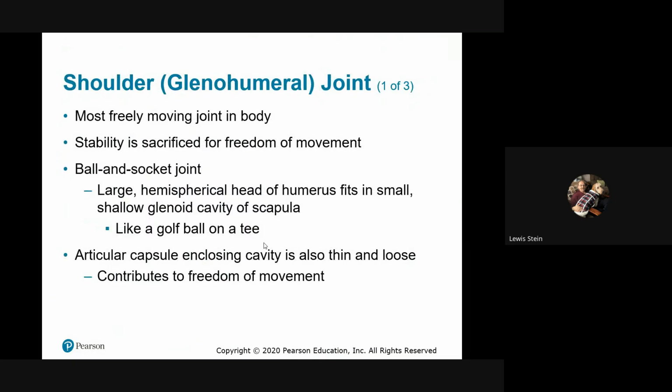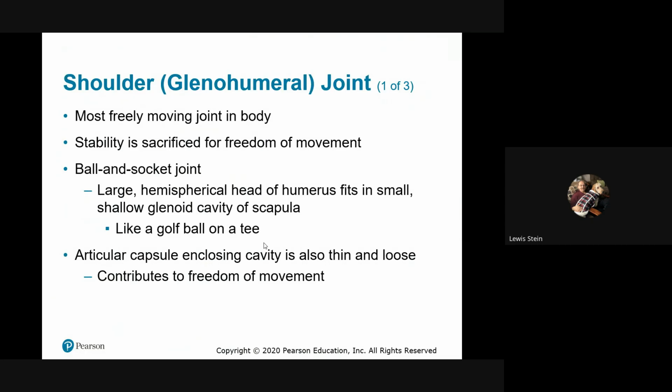Okay. The most freely moving joint you have, as you might have guessed, is your shoulder. Glenohumeral joint. It's the old story. If you don't have stability, you have mobility. If you have stability, you limit mobility. So the hip is the exact opposite. It's all about stability, yet still it's classified as a ball and socket joint.